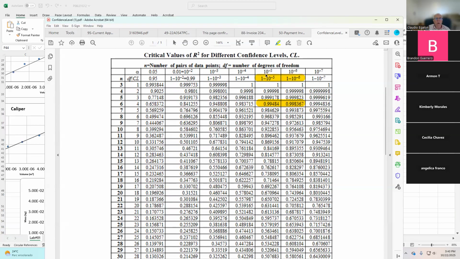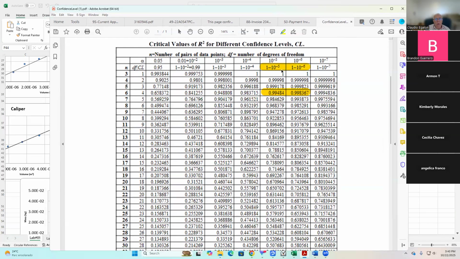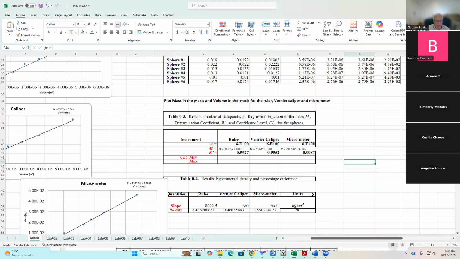This one is going to be the lower bound. This one is going to be the upper bound. That's the min and max. Lower bound is the minimum. Upper bound is the maximum. 1 minus 10 to minus 5, 1 minus 10 to minus 6. And that's going to be this one here.